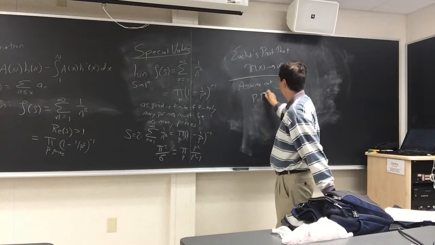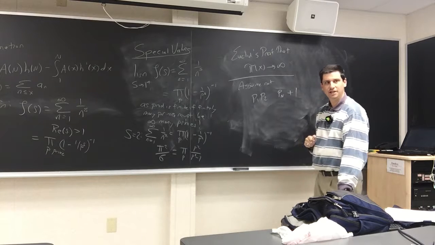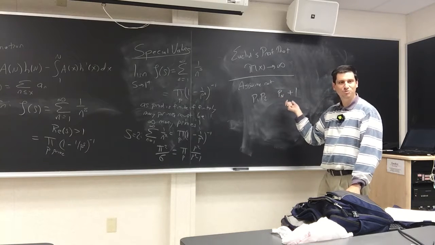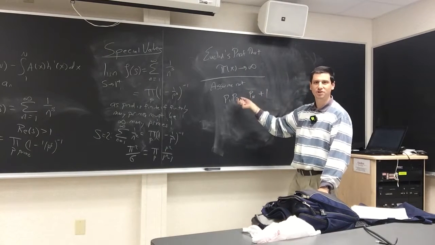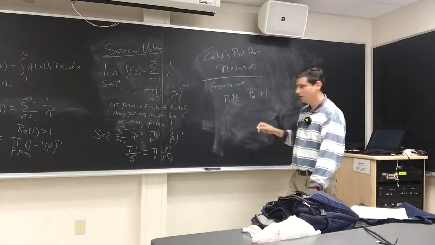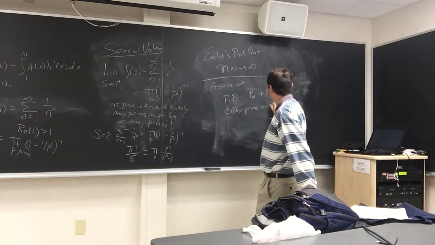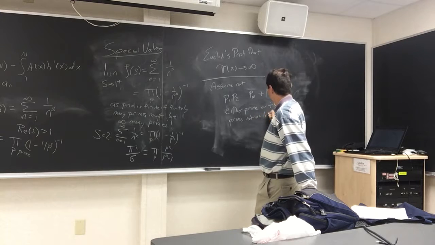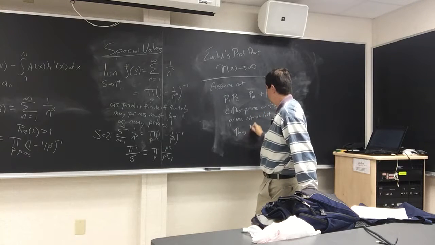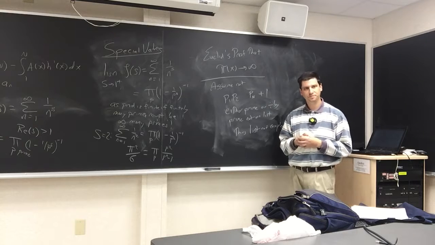So you can look at p1 times p2 times up to the last prime and add 1. Either this number is prime and you have a new prime on your list, or it's composite. Can p1 divide? No, remainder 1. Can p2 divide? No, remainder 1. Can p3 divide? No, remainder 1. So it's either prime or divisible by a prime not on the list. Thus, the list is not complete. So in either case, you find that there's a new prime.